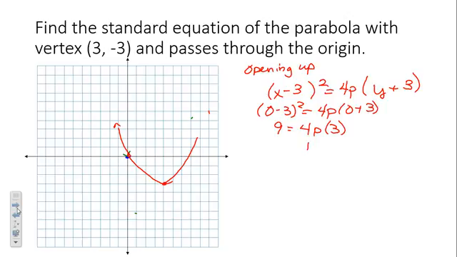So we have 12p equals 9. Someone asked me for a fraction for p, and that's okay. P is going to be 3/4. So now we could get our focus and our directrix, couldn't we? We would simply move 3/4 of the way up, 3/4 of the way down, and we're set.